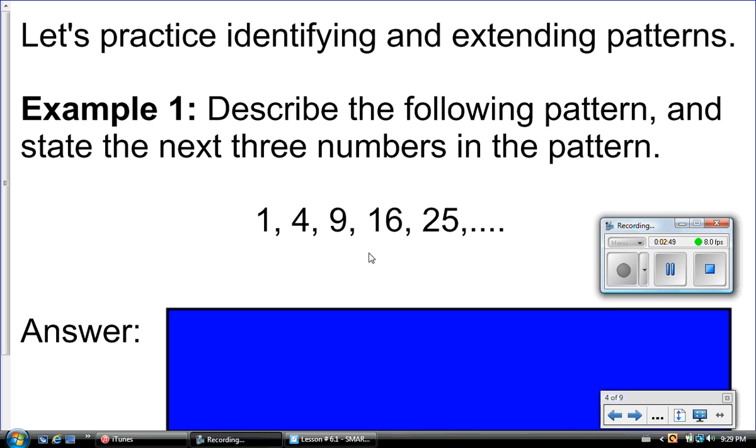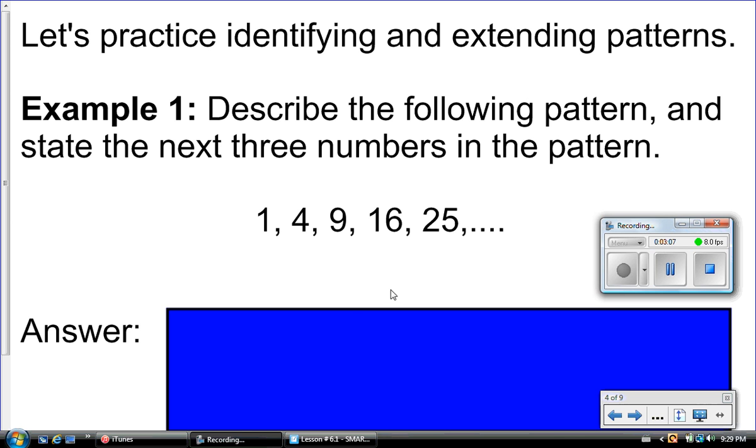Write down what you think the pattern is, and then write down the next 3 numbers in the pattern. After you've got it, put the video back on play, and I'll reveal the correct answer.